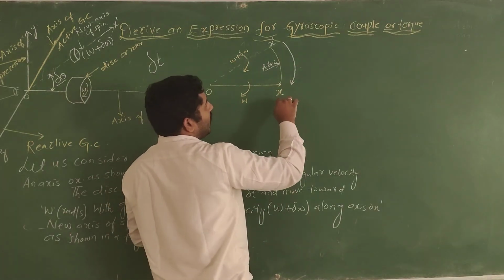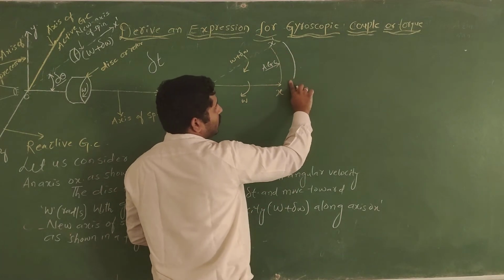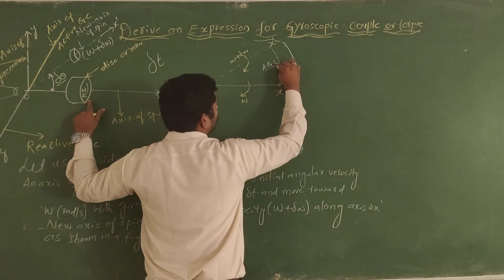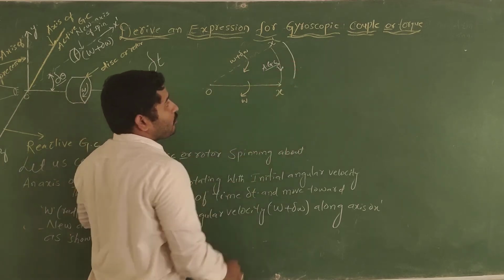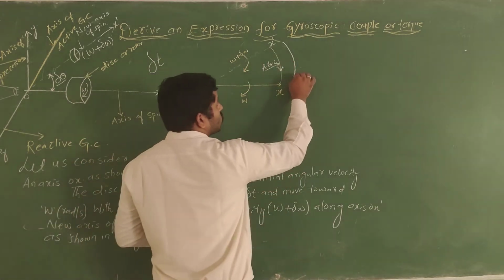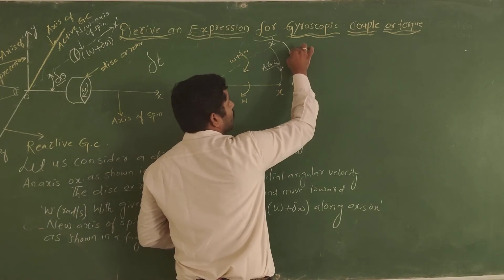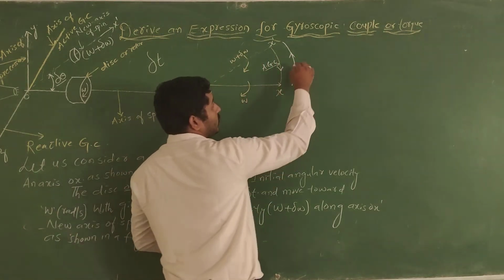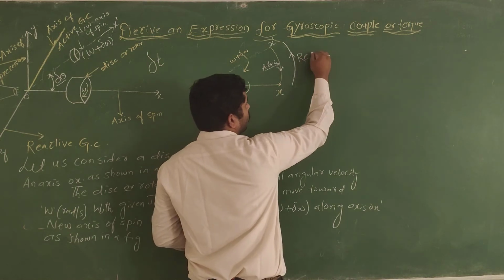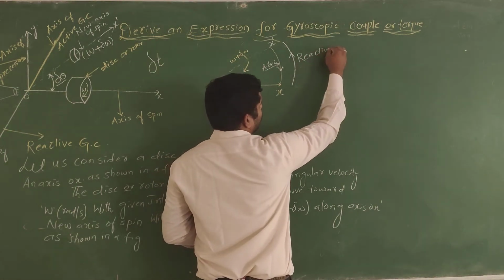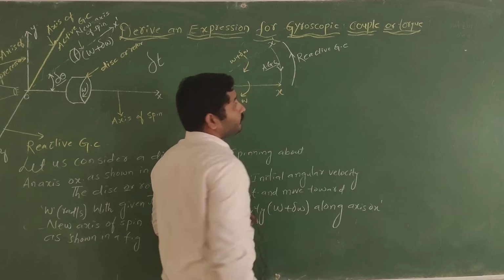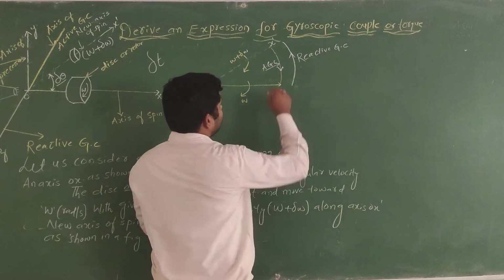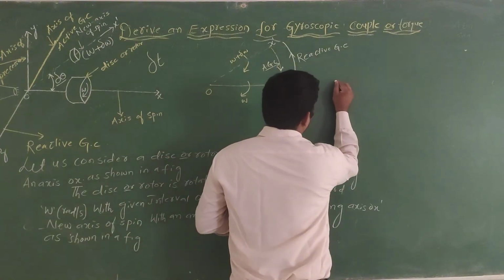So if the active gyroscopic couple is acting in a clockwise direction, then the reactive gyroscopic couple acts in the opposite direction, that is, anti-clockwise. This is the reactive gyroscopic couple.